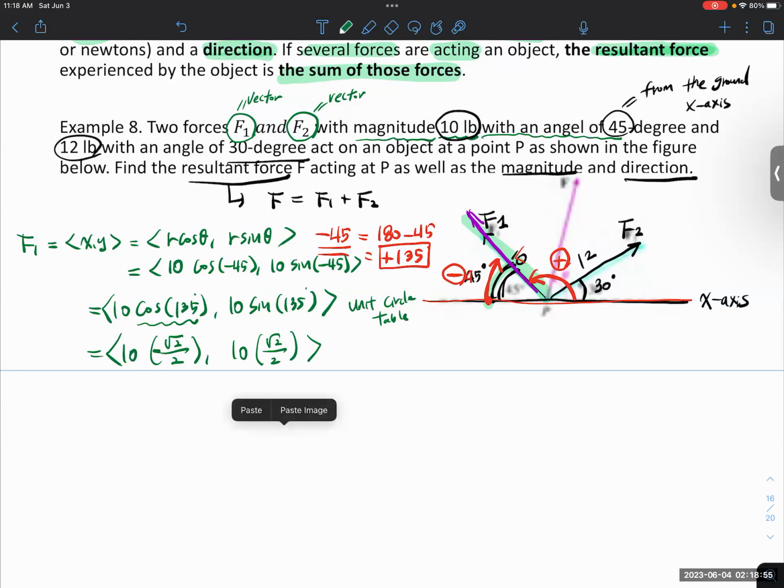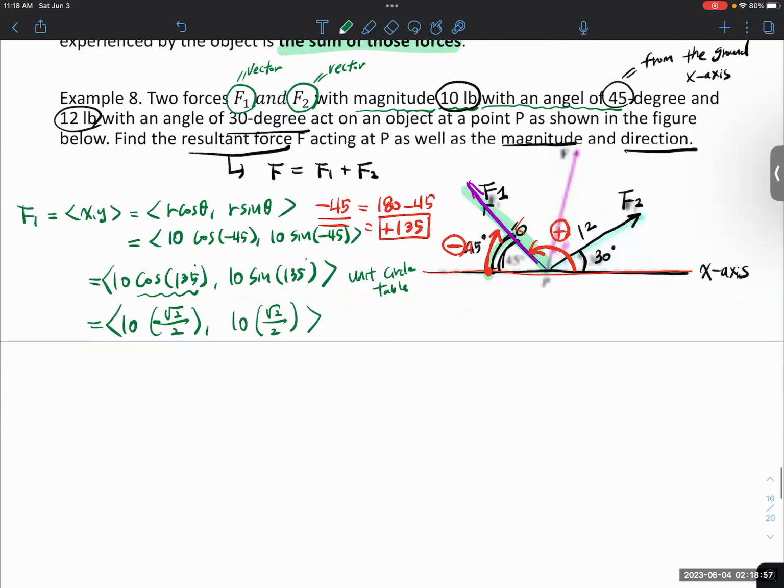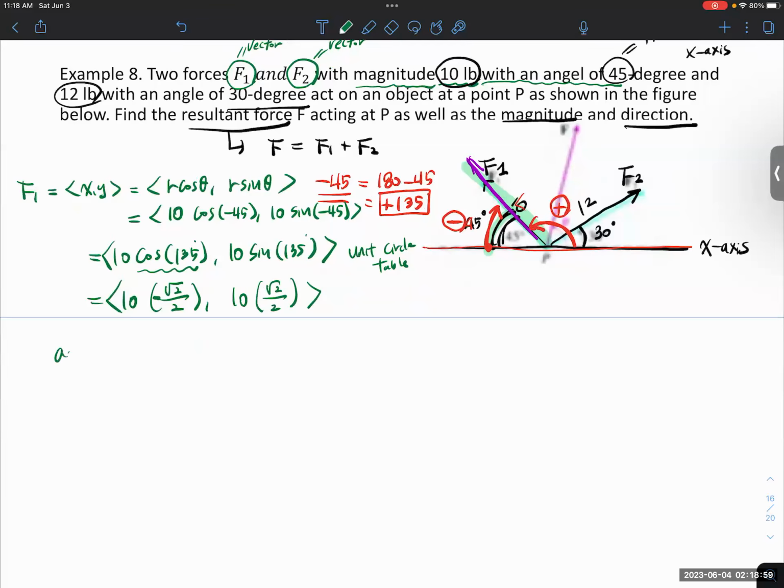It's negative because 135 degrees is located in the second quadrant, where only sine is positive.